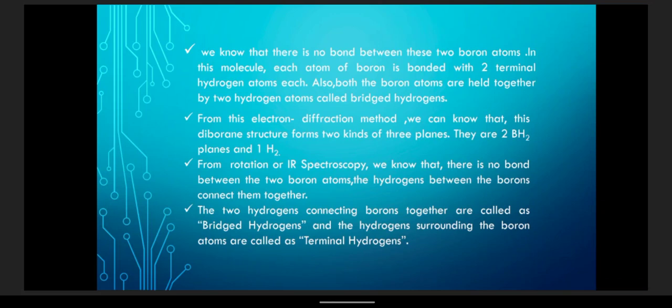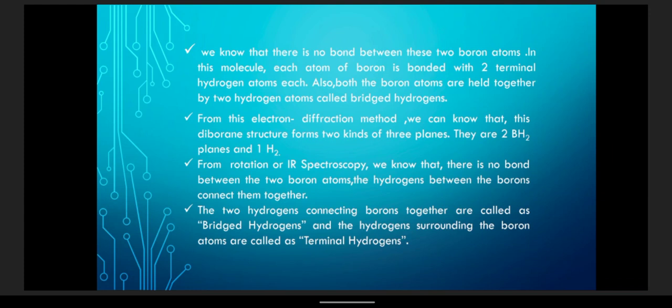In this molecule, each boron atom is bonded with 2 hydrogen atoms outside, and the boron atoms are also held together by 2 hydrogen atoms. The hydrogen atoms which combine both the borons are bridged hydrogens, and the outside hydrogens are called terminal hydrogens.